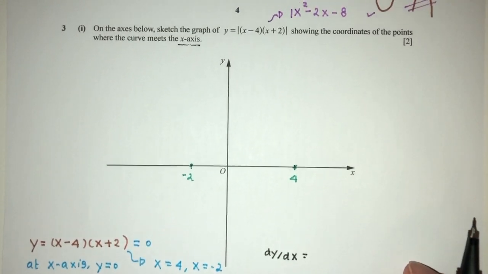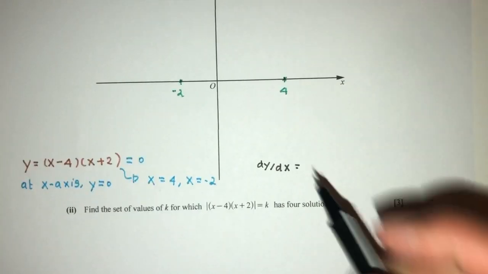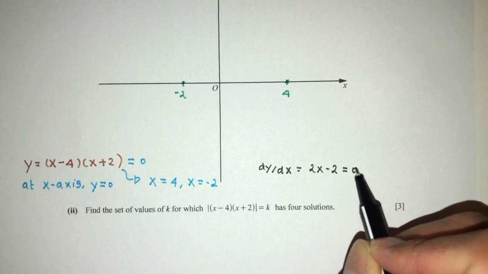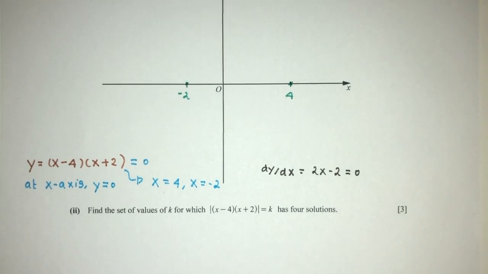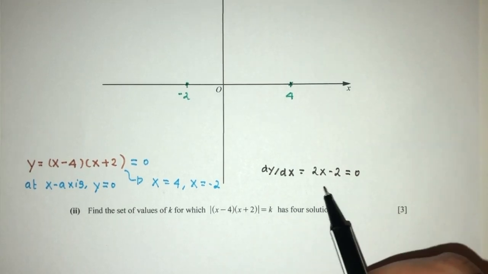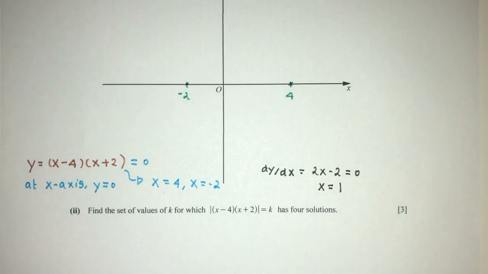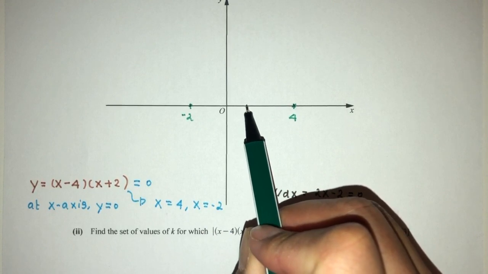That will become 2x minus 2. And then of course we have to equate it to 0, because at the minimum point, dy by dx is equal to 0. That's something we have to know to solve these kinds of questions. So x has to be the value of 1. So 1 should be somewhere over here, right in between.